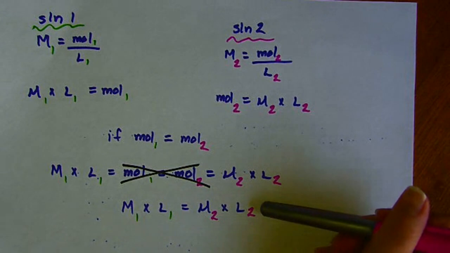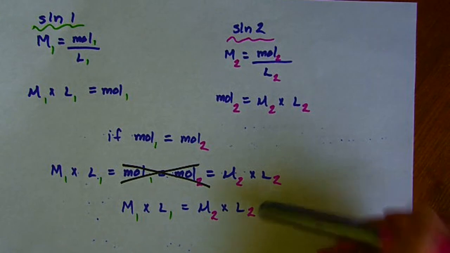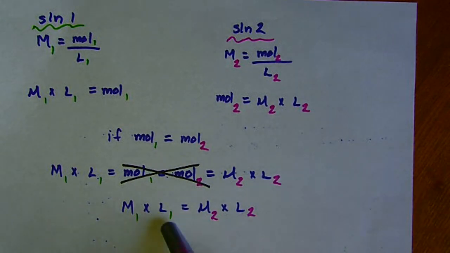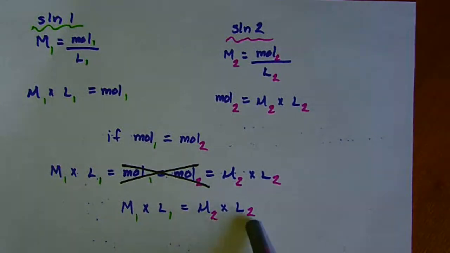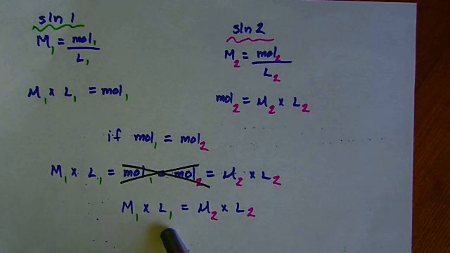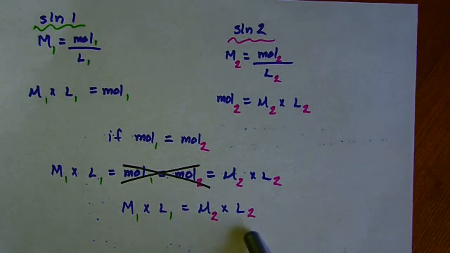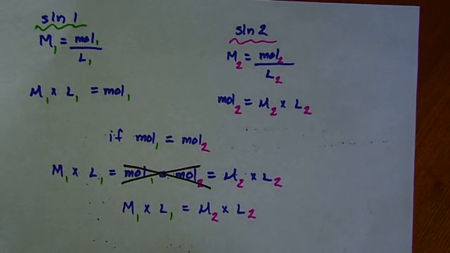This is often written in a number of different ways. You may also have this written as M1 V1 equals M2 V2. You can also see this written as C1 times V1 equals C2 times V2. So C is just concentration.